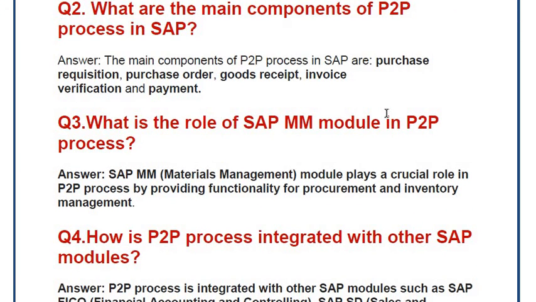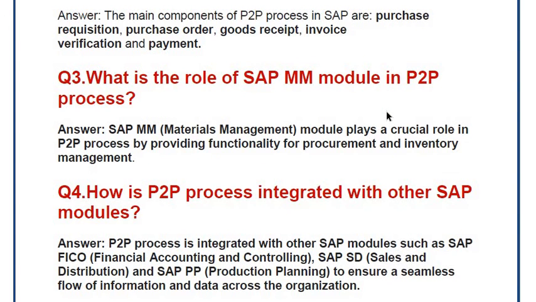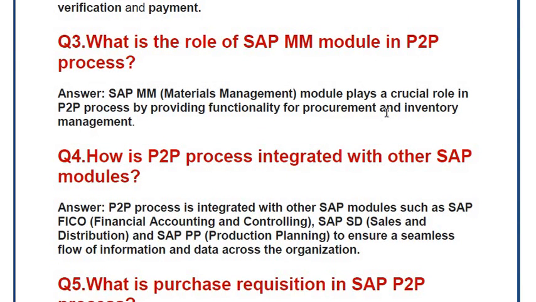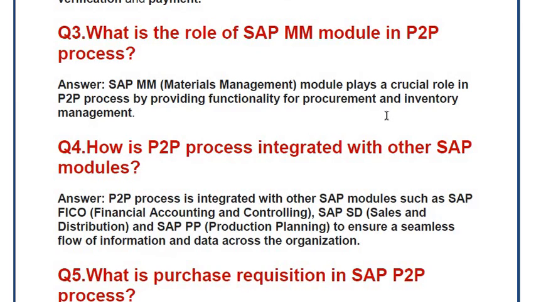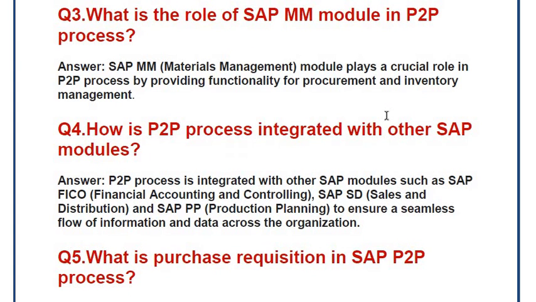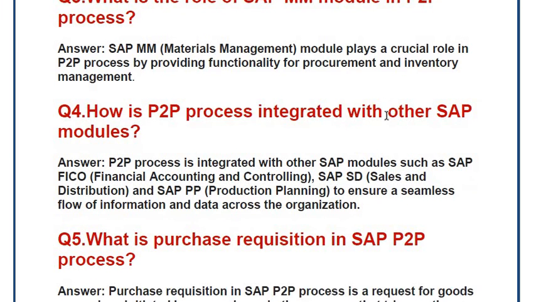SAP MM, that is the Material Management module, plays a crucial role in the P2P process by providing functionality for procurement and inventory management. How is the P2P process integrated with other SAP modules? The P2P process is integrated with other SAP modules such as SAP FICO, SAP SD and SAP PP to ensure a seamless flow of information and data across the organization.